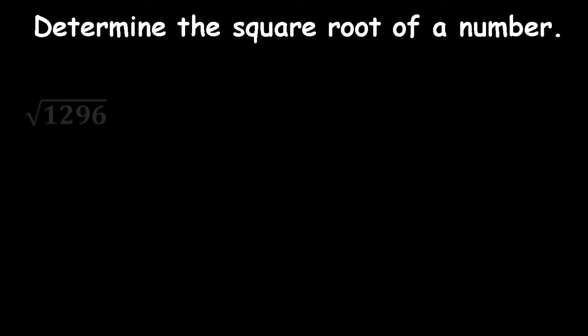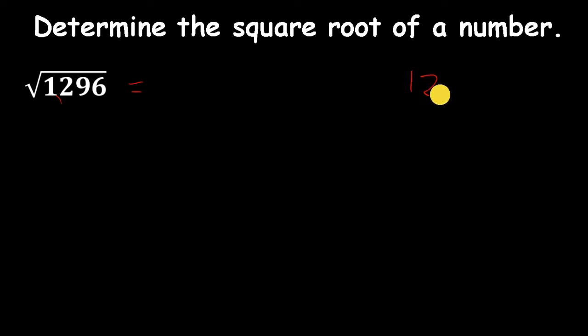Next, find the square root of 1296. Let us enclose that in our upside down division bar.